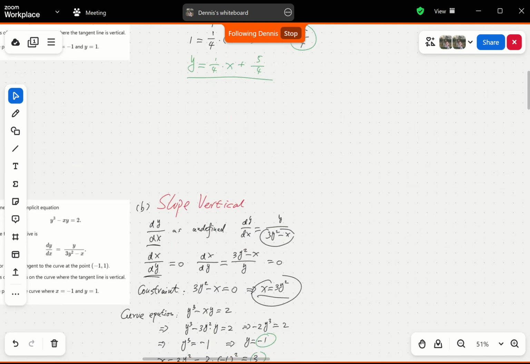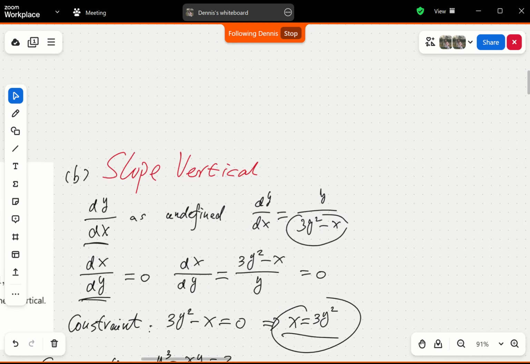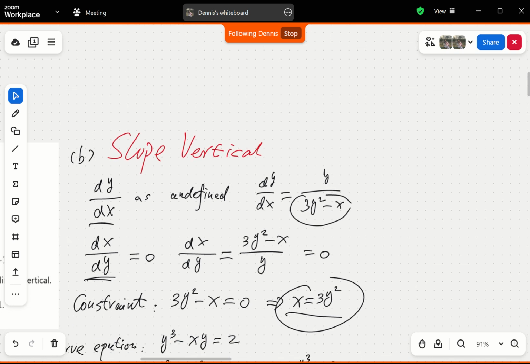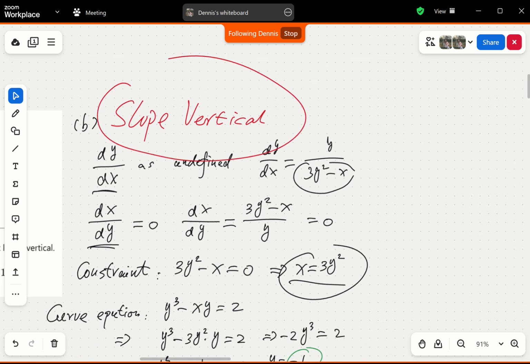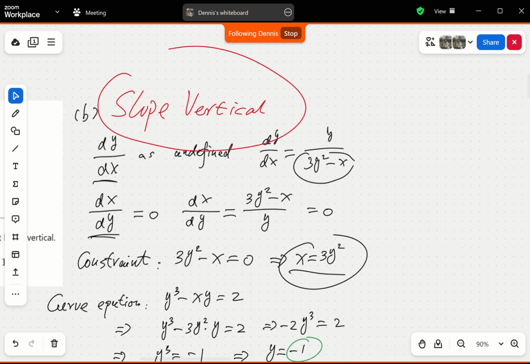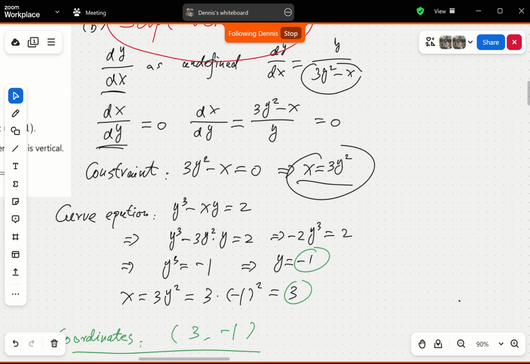We were also tested on the slope of the tangent line being vertical, where dy with respect to dx is undefined, or the reciprocal, dx with respect to y, equals 0.